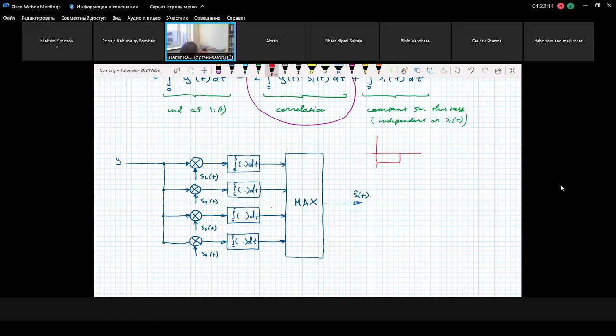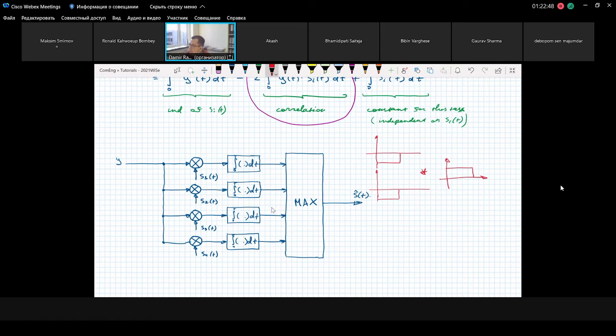But then after you calculate, let's say we consider the correlator corresponding to this signal, which also contains two negative parts. After multiplying these two signals, you will get a signal with two positive parts. And as a result, after integrating, you will have some big positive quantity.